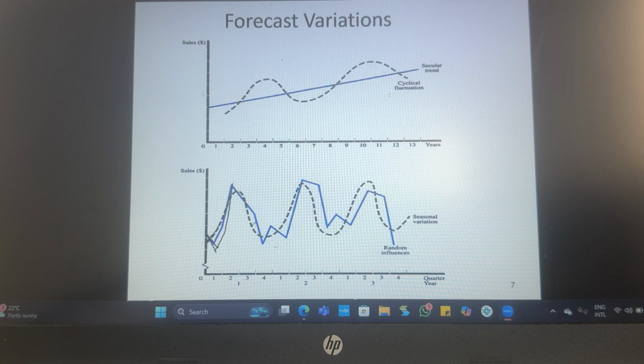And here you see sales is down, but suddenly you can see a quick rise. Maybe due to some unexpected reason. Here also, sales is very low, but during this recession period, you can see a little upward. These are random influences, another name, or irregular fluctuation. It is very difficult to forecast those kinds of things.